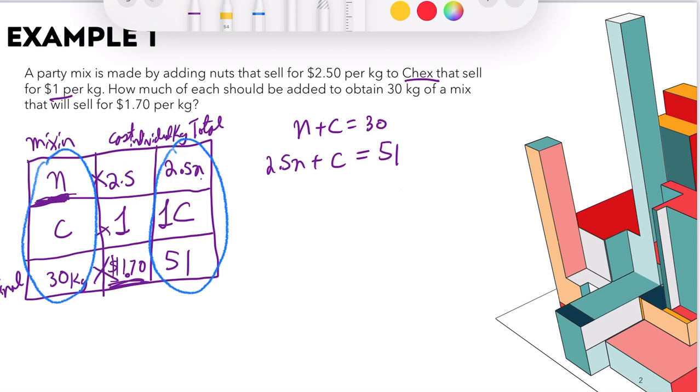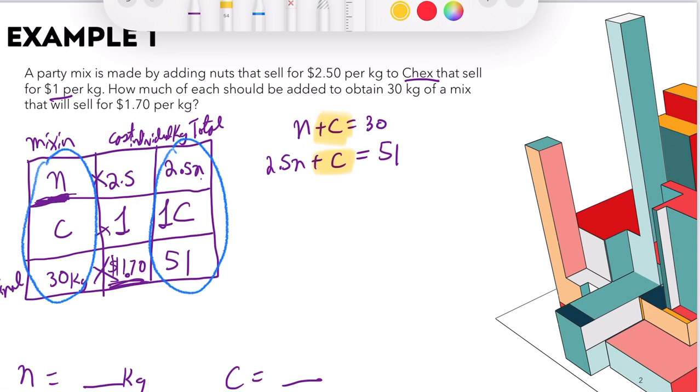It's how many kilograms of nuts we're going to need to mix, and how many kilograms of Chex we're going to need to mix. I decided to solve this one by elimination because I noticed that the leading coefficients in front of our c's were the same. But in order to solve this by elimination, I need one of them to be negative.